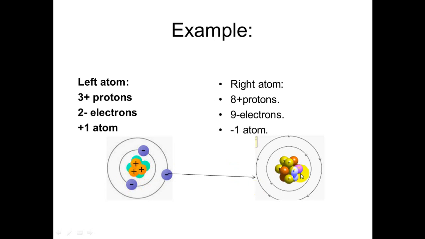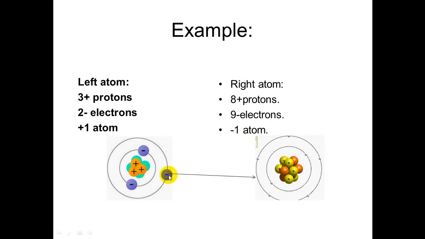And this atom, I will count at first, has 8 protons and 8 electrons. Again, the atom on the left has 3 protons and 3 electrons, but the atom on the right at first has 8 protons and 8 electrons.